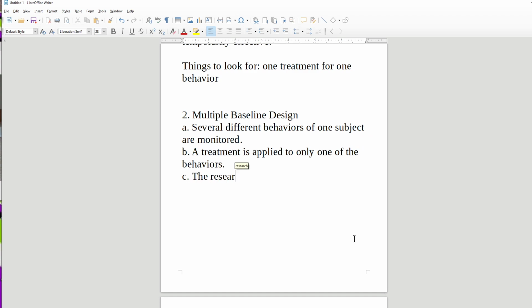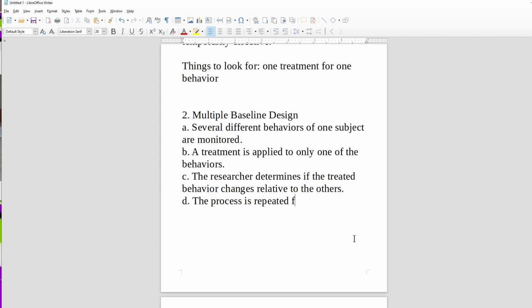C, the researcher determines if the treated behavior changes relative to the others, the ones that aren't being treated. And D, the process is repeated for each of the other behaviors.